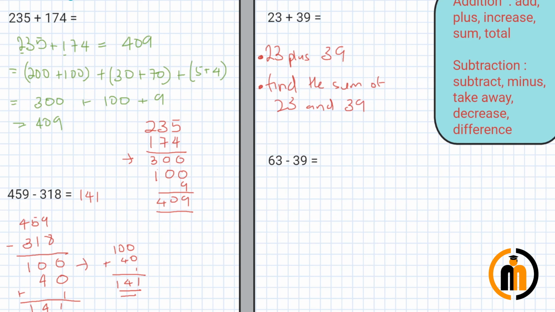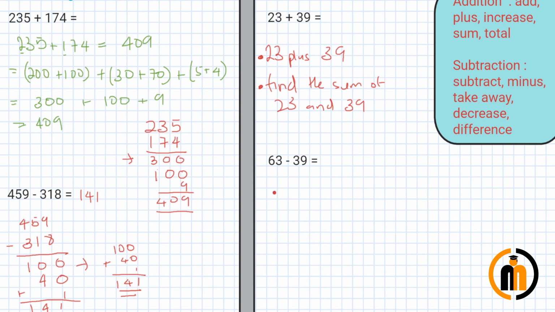You have to add the numbers together. You could also say total, to find the total of 23 plus 39. You could also say 23 has increased by 39. And there are so many different ways. So these are the words that, when you read them, you will know that it is addition.